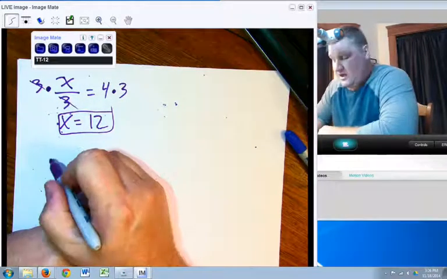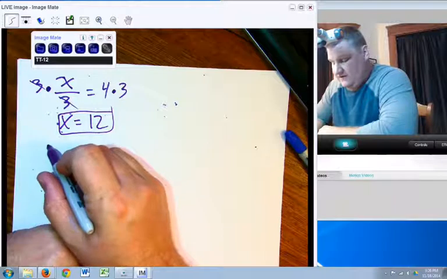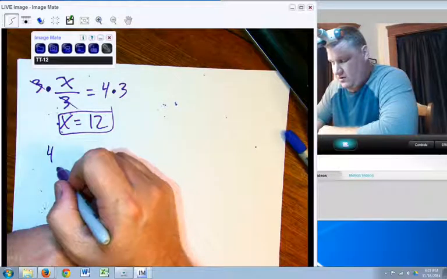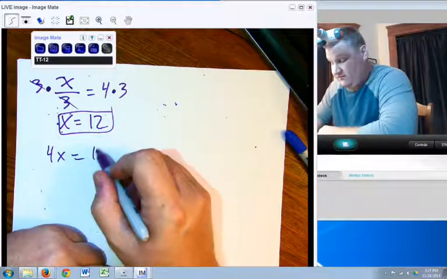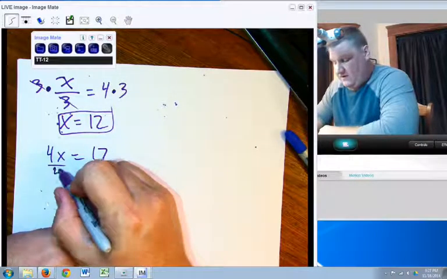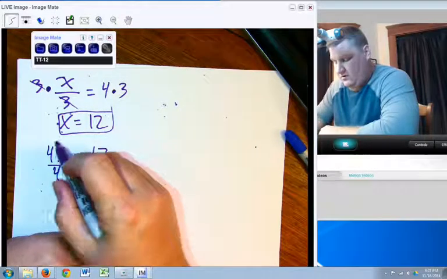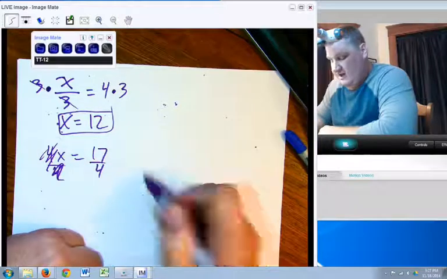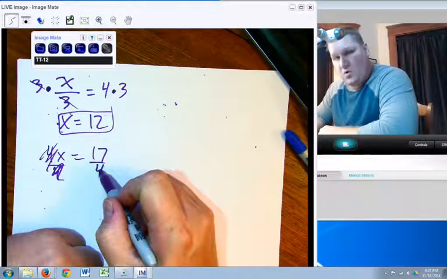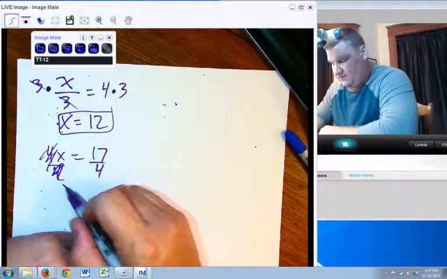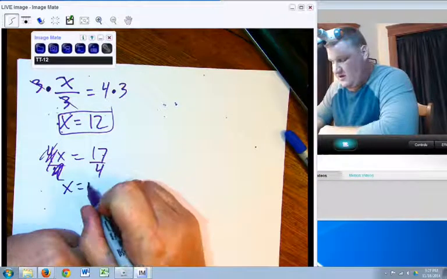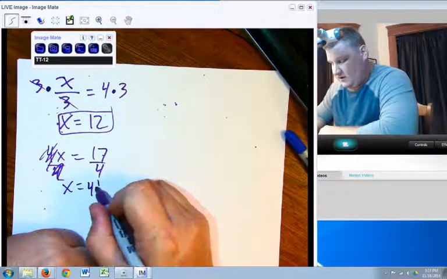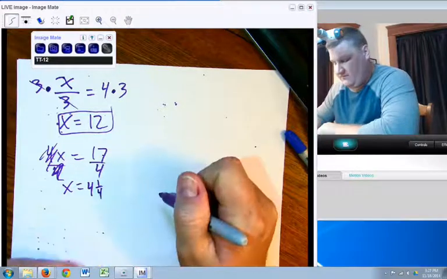Now, I could also have something like this. 4x equals 17. And I could divide both sides by 4. Gone, gone. And in this case, it doesn't go in evenly. So x is going to equal, well, how many times does 4 go into 17? 4 whole times with 1 left over. So I can make them a mixed number.